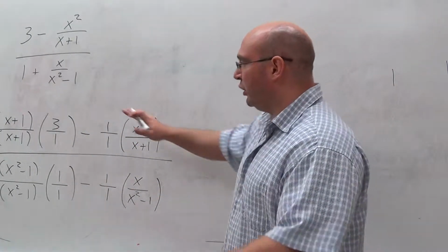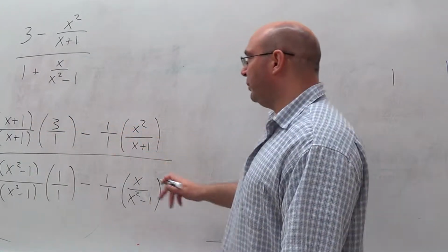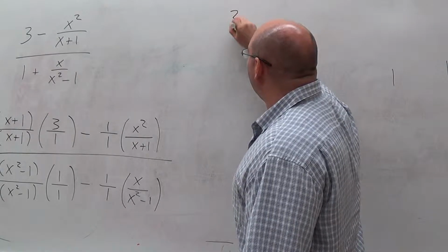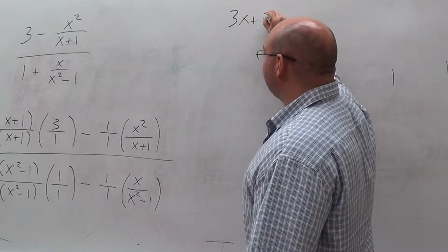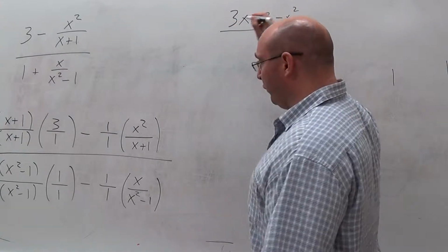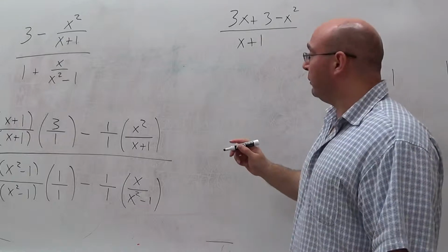So from here, we're going to do all our multiplication. This is going to multiply this. This is going to multiply that. And when we get that, we're going to get our 3x plus 3 minus x squared over x plus 1.